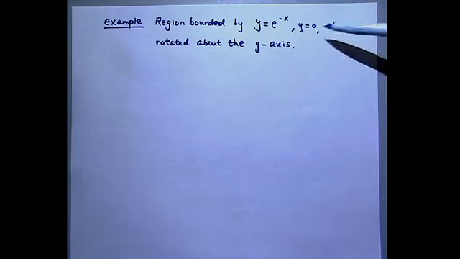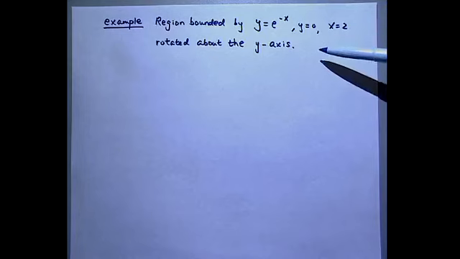Okay, so y is e to the minus x, 0, 2 for x, and then going around the y-axis.